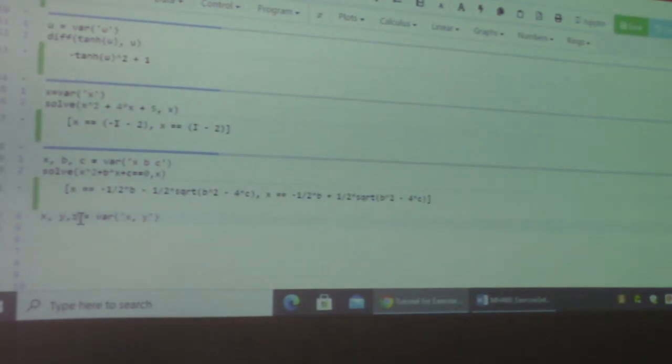So if I was to do 3 variables, I wonder what it would do if I gave it a system with infinitely many solutions. Can you put 2x, or do you have to put 2 times x?